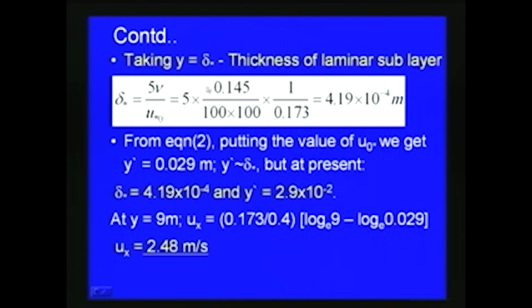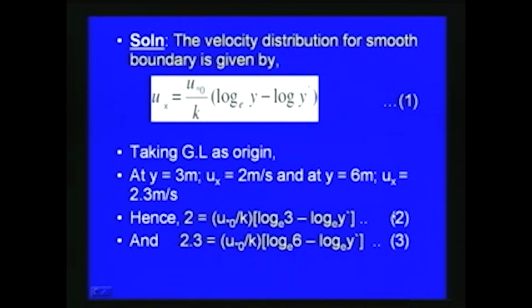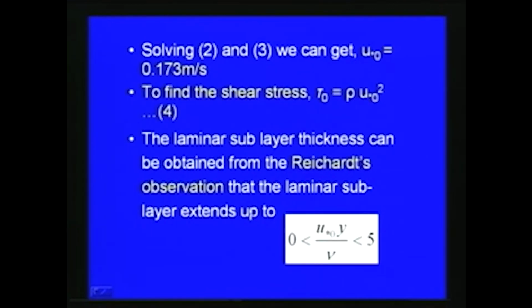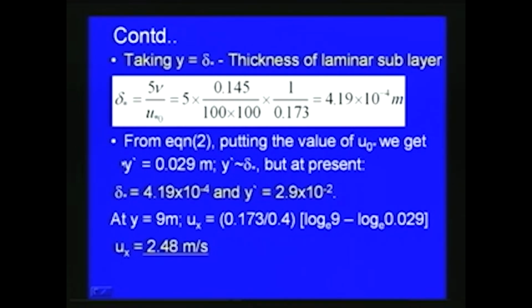Now from equation 2, since U star is already found and kappa is known, for this real problem we can also find the laminar sublayer thickness. If we solve that equation, we get y dash equal to 0.029 meter. You can see there is a lot of difference from what Richards observed, but here we got y dash, the laminar sublayer thickness, as 0.029 meter.